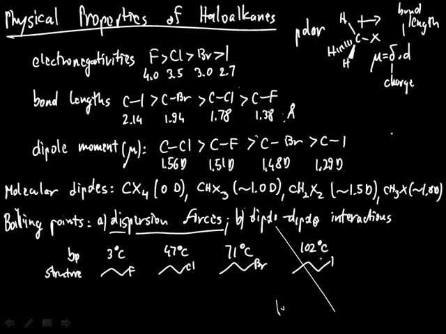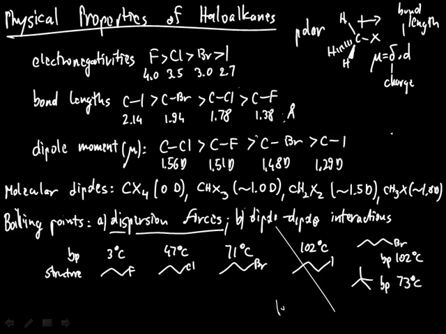So this is a very steady rise. And just like in alkanes, we see that the branched compounds have lower boiling points. So if we have n-butyl bromide, the boiling point here is 102 degrees. But if we have t-butyl bromide, the boiling point here is much lower, 73 degrees.